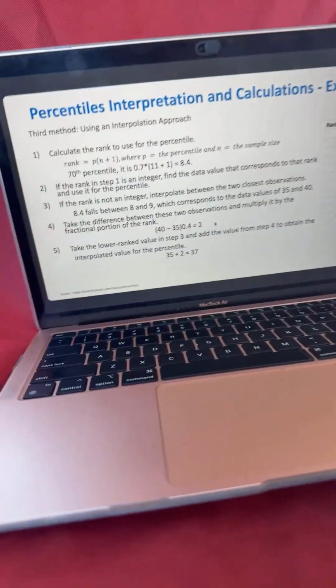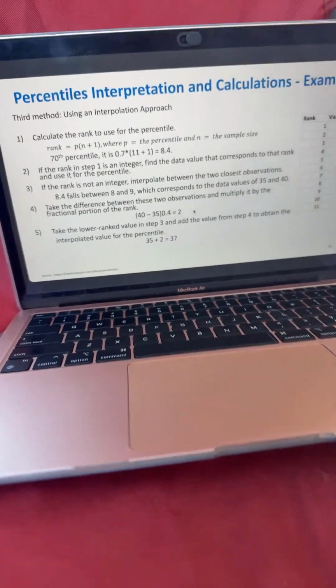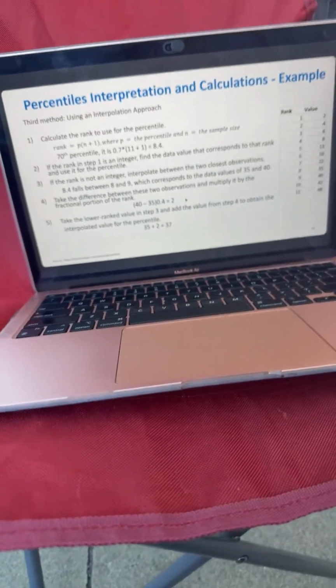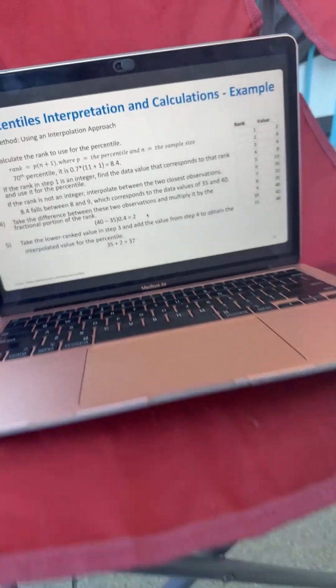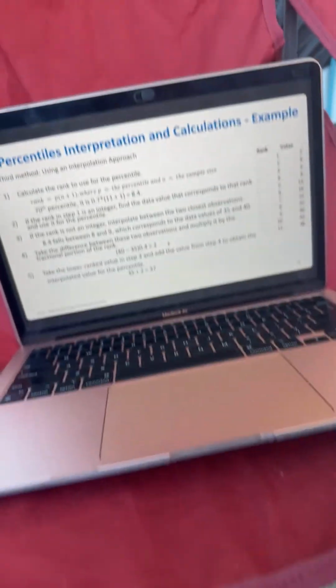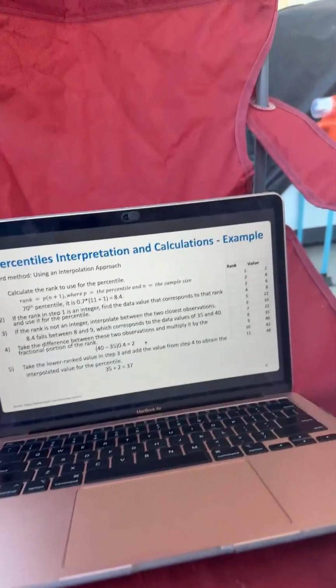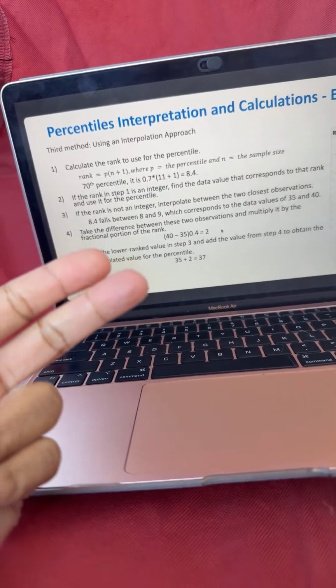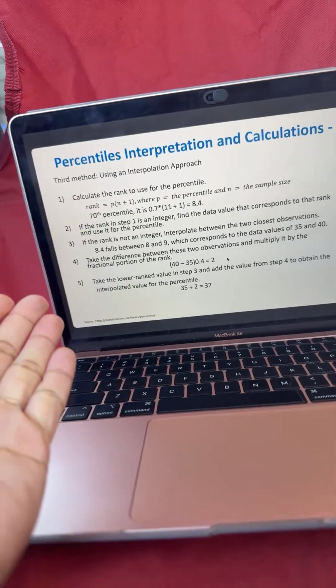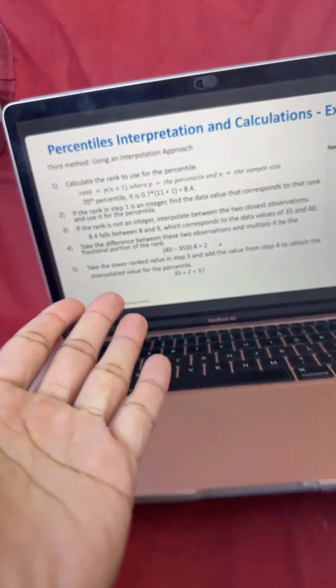That's crazy. Okay, so if the rank is not an integer, it's interpolated between the two closest observations. 8.4 falls between 8 and 9, which corresponds to the data values of 35 and 40. So P(n+1), that's how you find the rank. The percentile is 70, the total is 11 plus 1 is 12, right?